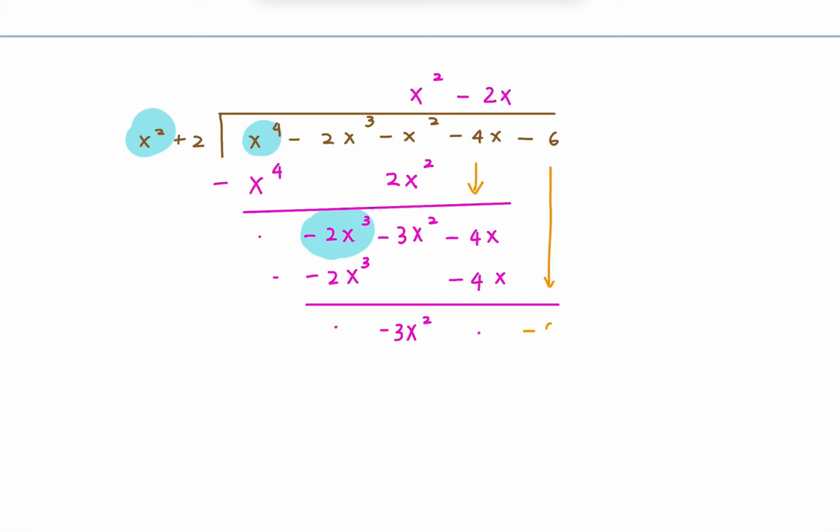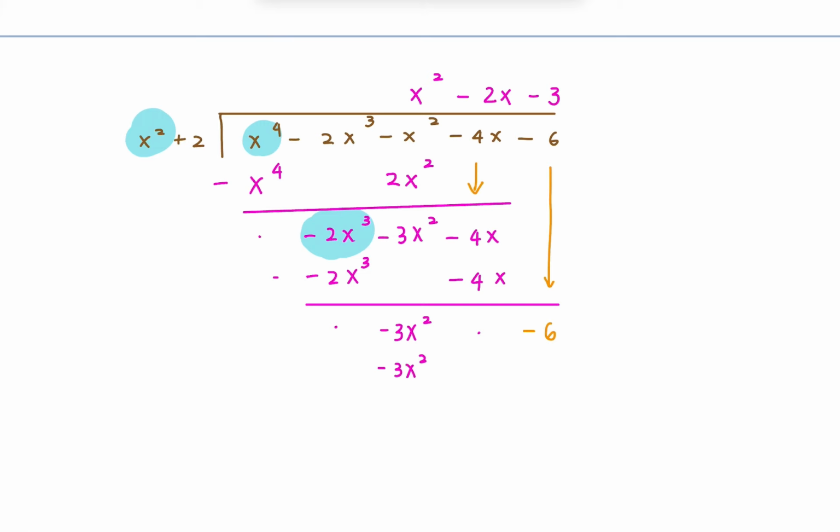Okay. Then proceed. What is the expression, if you multiply with x squared, you get negative 3x squared? So the answer is negative 3. So negative 3 times x squared is negative 3x squared. Negative 3 multiplied with 2, you get negative 6. Okay.